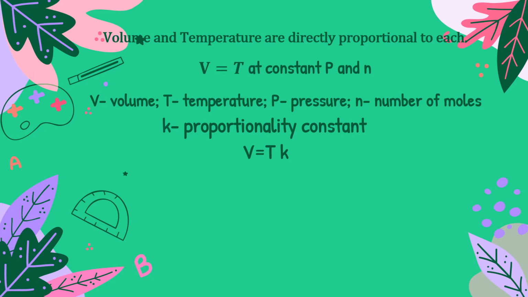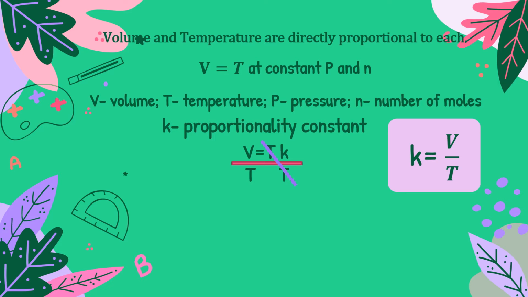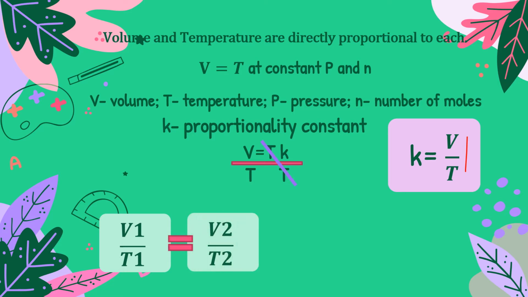Now, to get the equation for the relationship of volume and temperature, we need to divide both sides by temperature, so then we will have this one wherein it is constant that volume is directly proportional to the temperature. So if we have a directly proportional relationship between volume and temperature, the ratio is always equal even if a change happens to them.